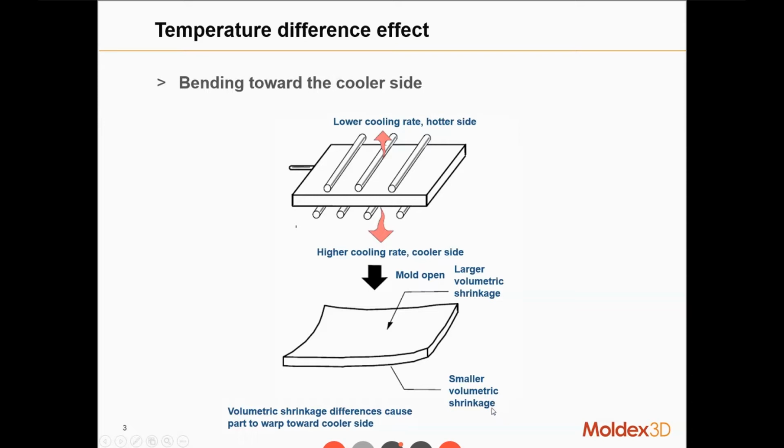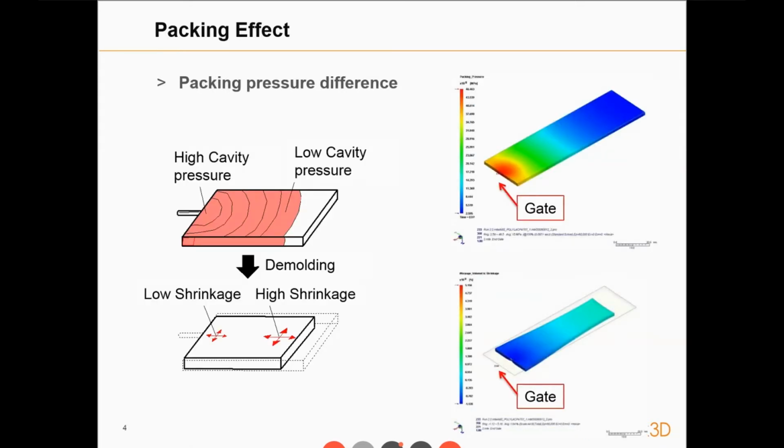On the other side, the bottom side, it will have a small volumetric shrinkage. So as the mold opens, this part will start to warp toward the hotter side, because the hotter side has a large volumetric shrinkage.